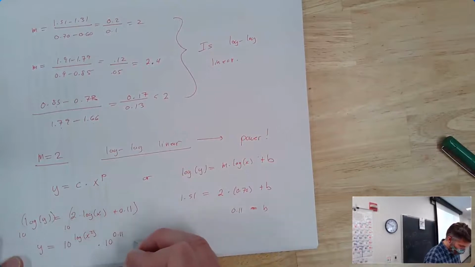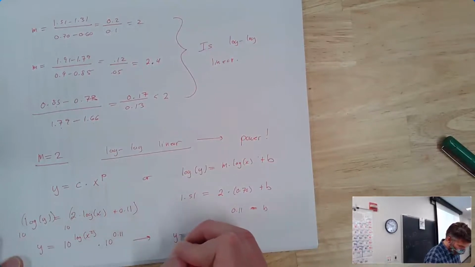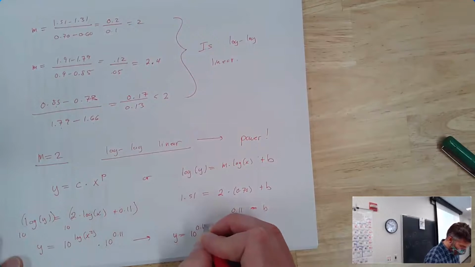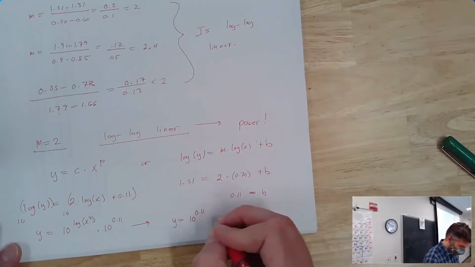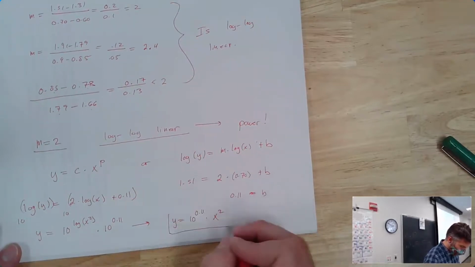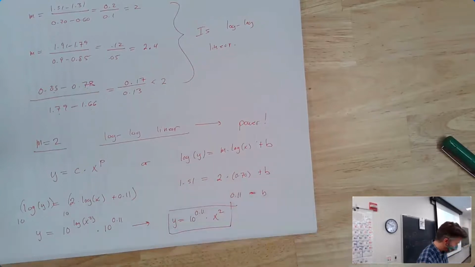And that becomes y equals 10 to the 0.11 times x squared. I've done that example before, and I always forget that I don't love it as much as I think I do.